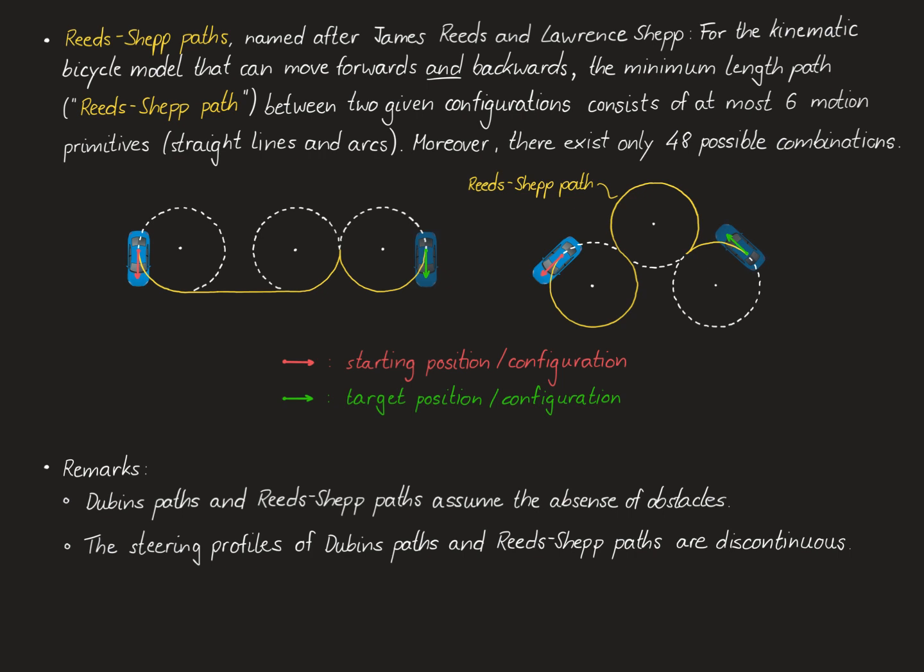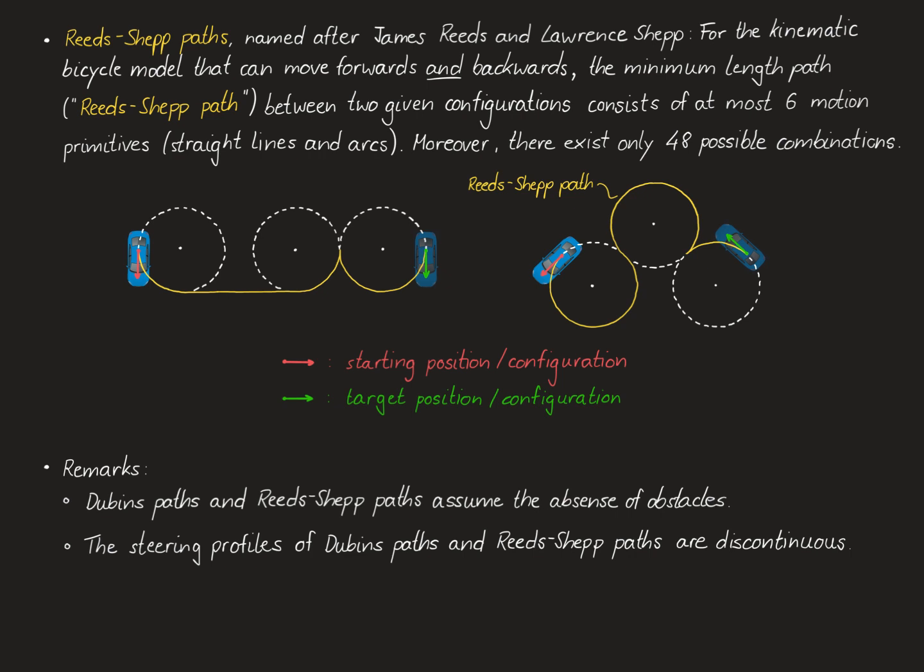In fact, the steering angle constantly jumps between the maximum left steering, the maximum right steering, and the 0 value. For instance, for the first scenario on the slide, the steering angle jumps between the maximum steering angle to the left, then a 0 steering angle, then again a maximum steering angle to the left, and then we have a jump to the maximum steering angle to the right.